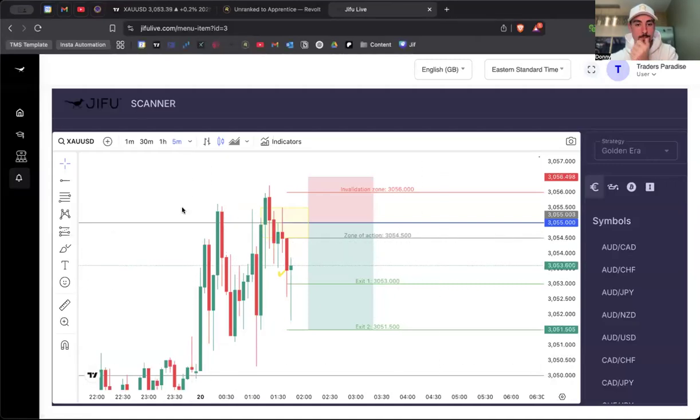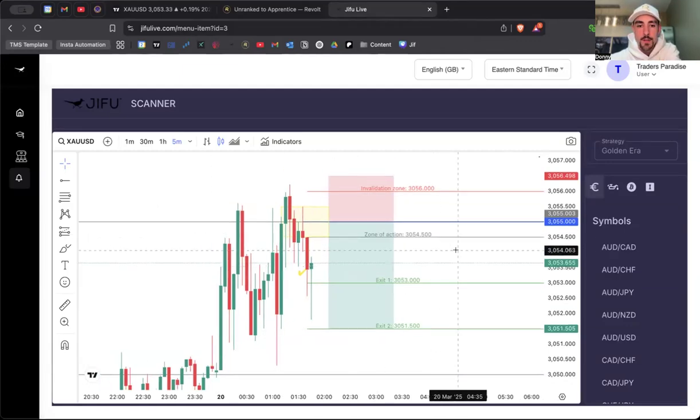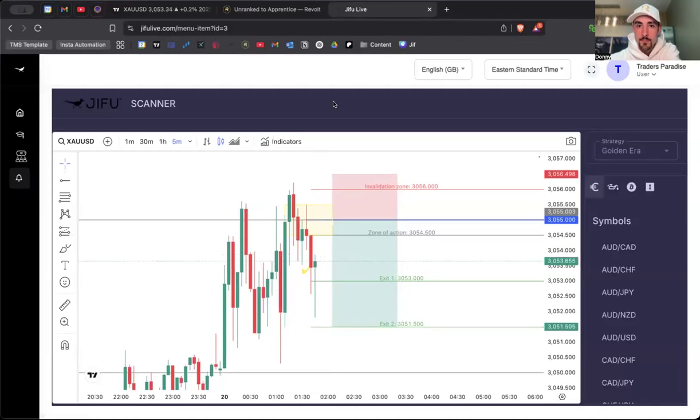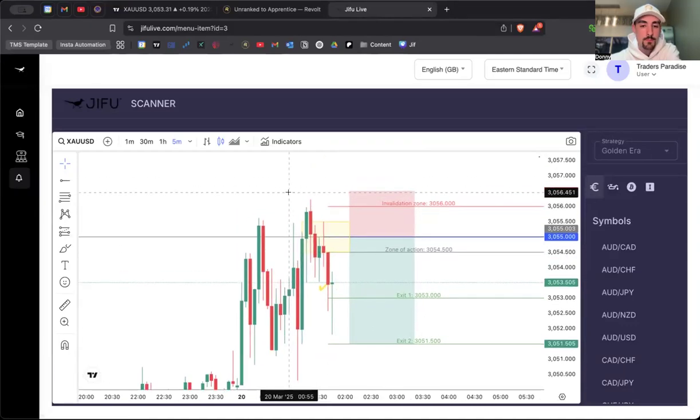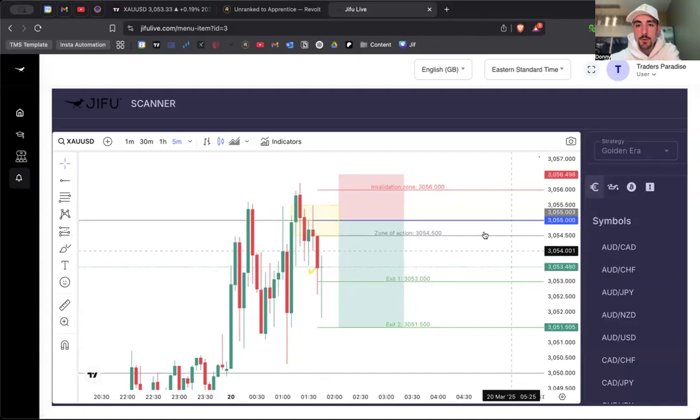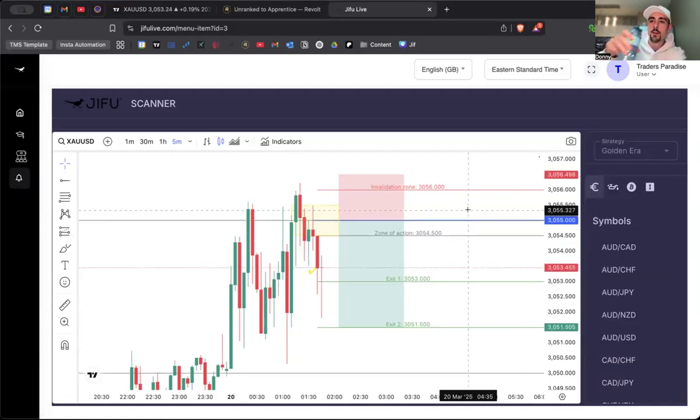So let's see how price closes here. We're about to get another 5-minute candle closure. Just because it's wicked through an exit doesn't necessarily mean you're going to get a white flag. Sometimes you will, but we'll see how the candle closes here and whether or not we get a white flag.